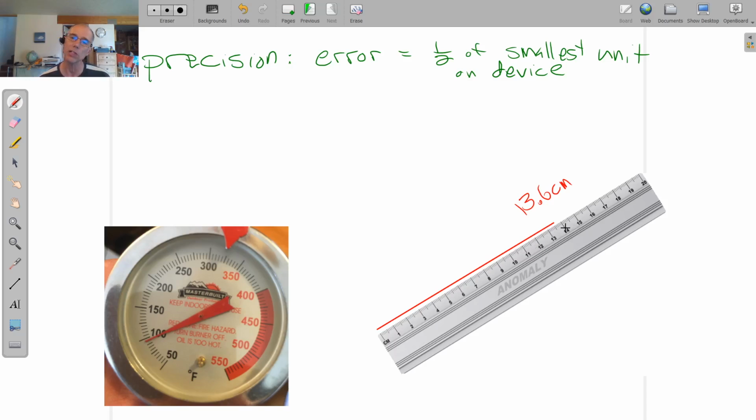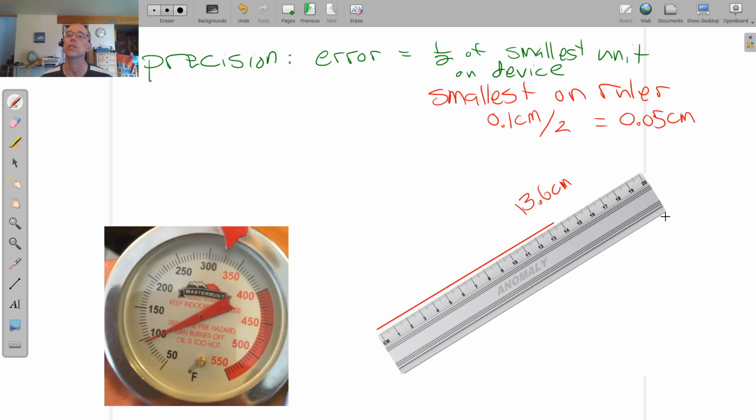On this ruler, I have those little lines in between the centimeters, so the smallest unit on the ruler would be 1/10 of a centimeter. If I take half of that tenth, dividing by 2, that gives me 0.05 centimeters. So this measurement is really 13.6 plus or minus 0.05 centimeters.